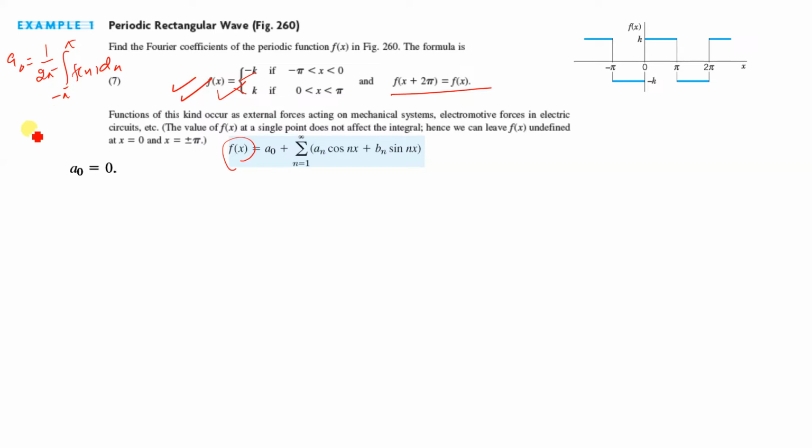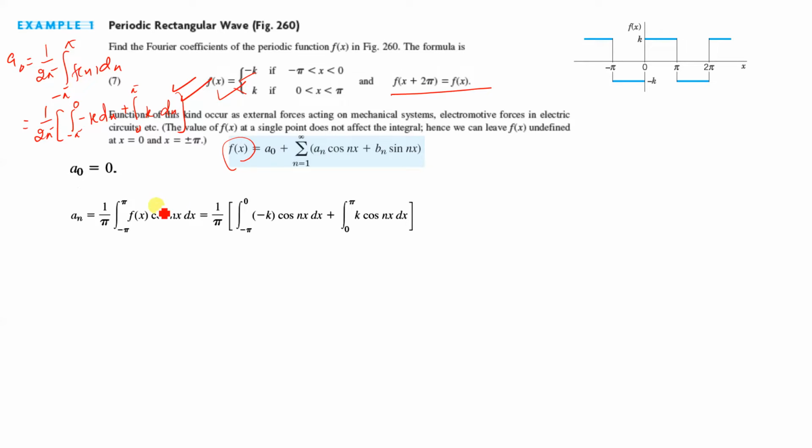So we are going to split this integral into two pieces: 1 over 2π times the integral from minus π to 0, where f(x) is minus k, so we plug in this value, dx, plus the integral from 0 to π of k dx. After evaluating these integrals and adding them up, we have a0 equal to 0. This is just a matter of very simple integration, so we find that the value of a0 is equal to 0.